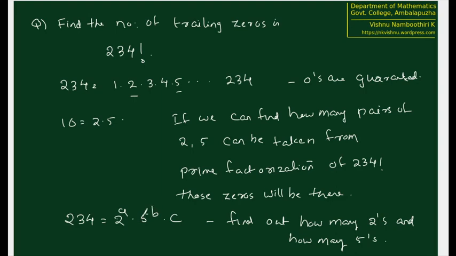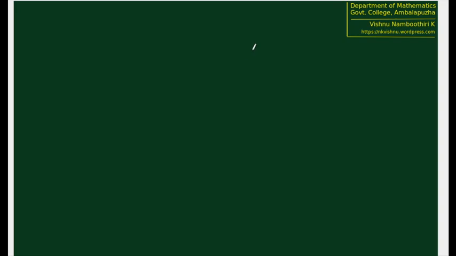Now one more thing, to make up a pair of 2 and 5. Suppose 2 to the power a is 2 to the power 10 and 5 to the power b is 5 to the power 7. Then how many pairs of 2 and 5 can we take?